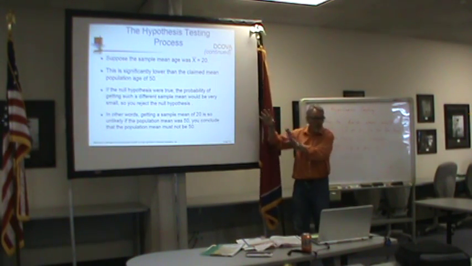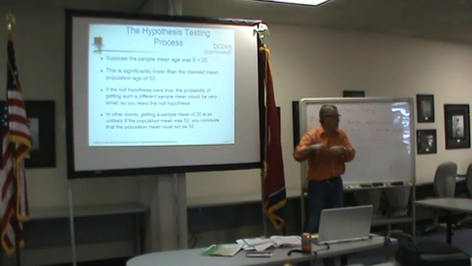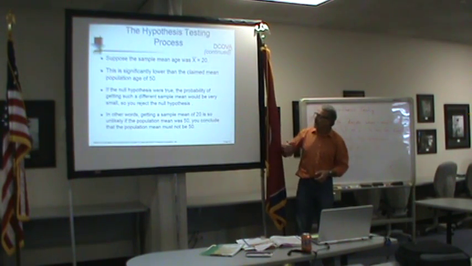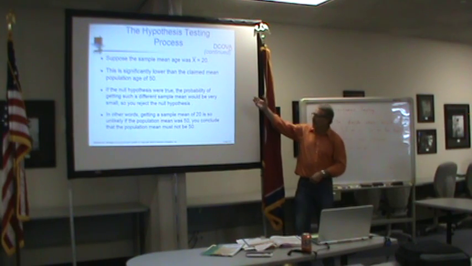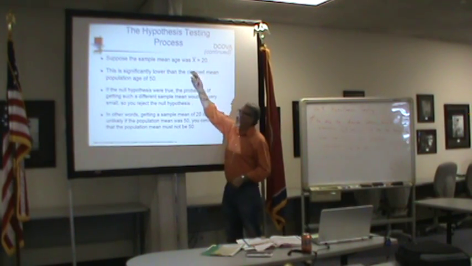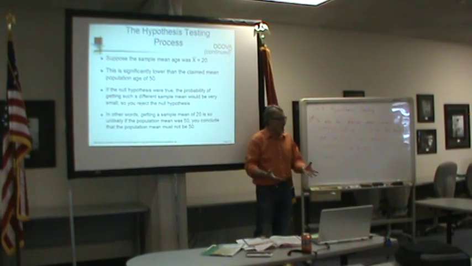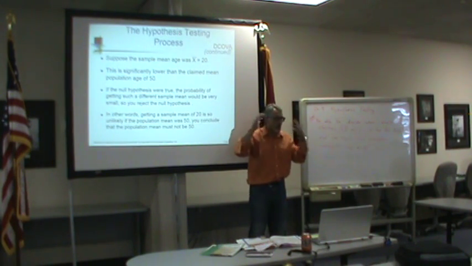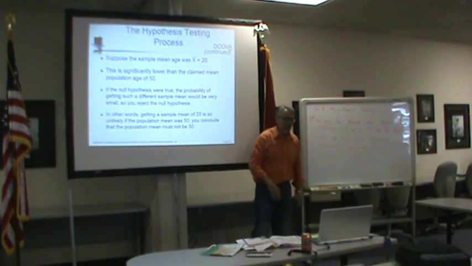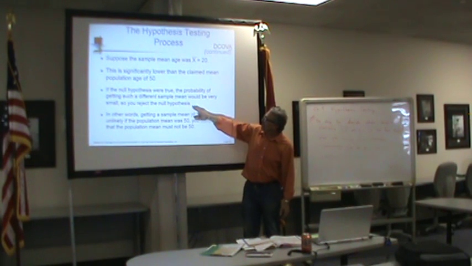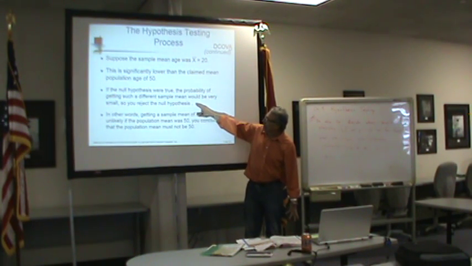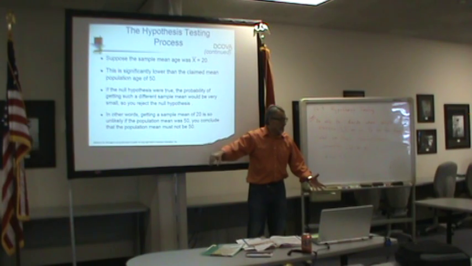But assuming that we've made a reasonable size sample, and if we came up with the mean age in the sample, and notice they're using X bar, was 20, and our hypothesis was that this population had a mean age of 50, we'd all say, well, that's wrong. Something's wrong with the population. Our ideas are wrong. Our process isn't working or whatever. The probability of getting that is very small, right?